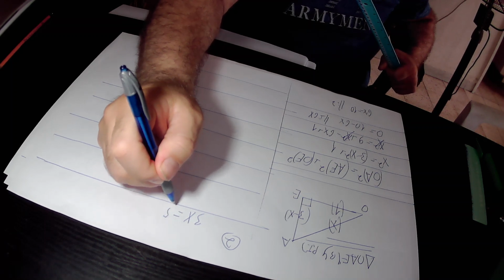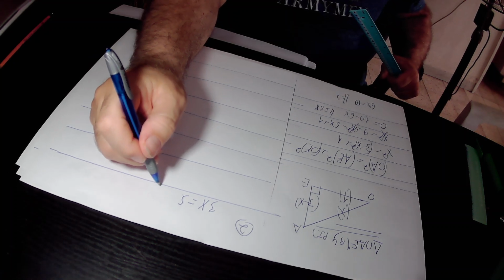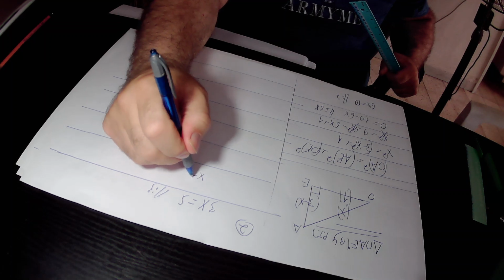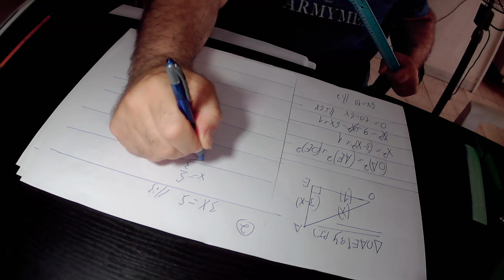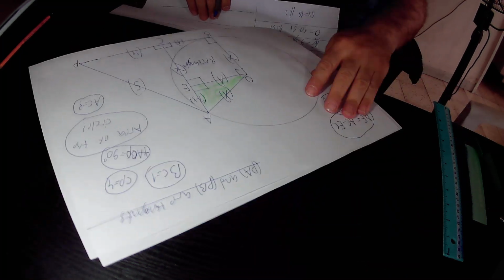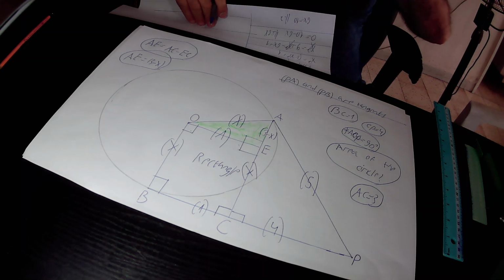So in total we found out that 3x equals 5. Here we divide this equation by 3, and finally we get that x equals 5 over 3 units in its length. So actually we found out that the radius x of this circle is equal to 5 over 3 units.